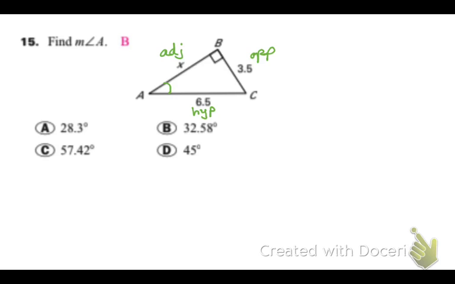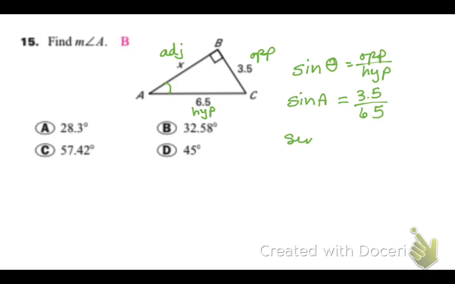So we find what handy-dandy formula uses opposite and hypotenuse. Obviously that's the sine. So the sine of theta equals opposite over hypotenuse. Now we fill in the information we have. So the sine of A is equal to opposite 3.5 over hypotenuse 6.5.